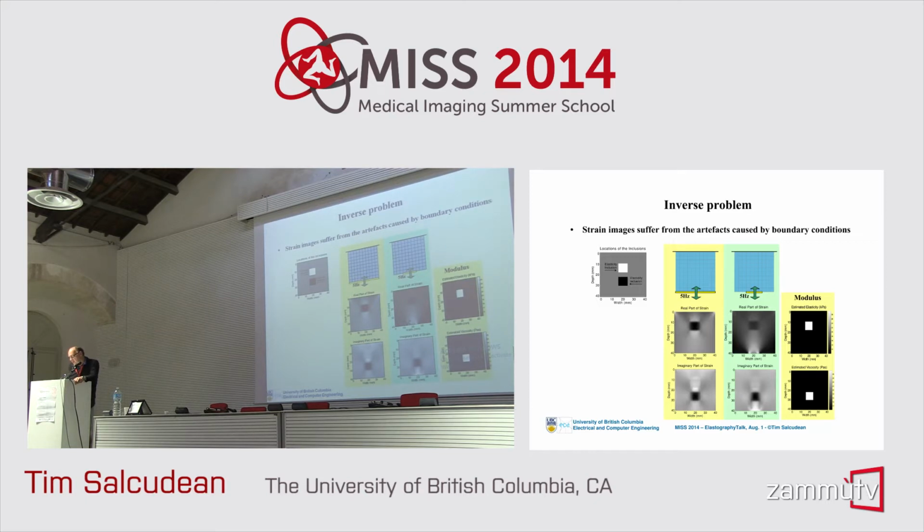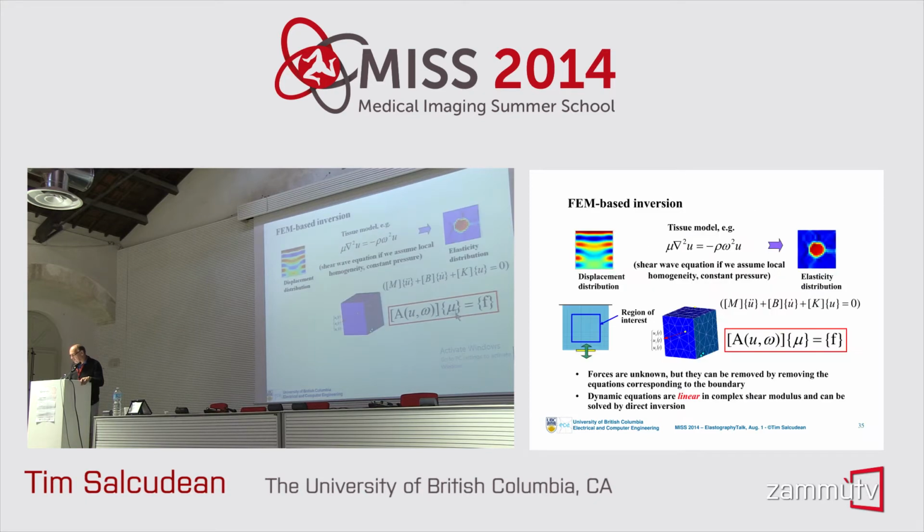So strain is very dependent on excitation, and neither the real part nor the imaginary part of the strain is uncorrupted by the other. You see an amount of stiffness in what you'd expect to be a viscosity image and vice versa. So really you have to do a full modulus reconstruction based on an inverse problem to get that.